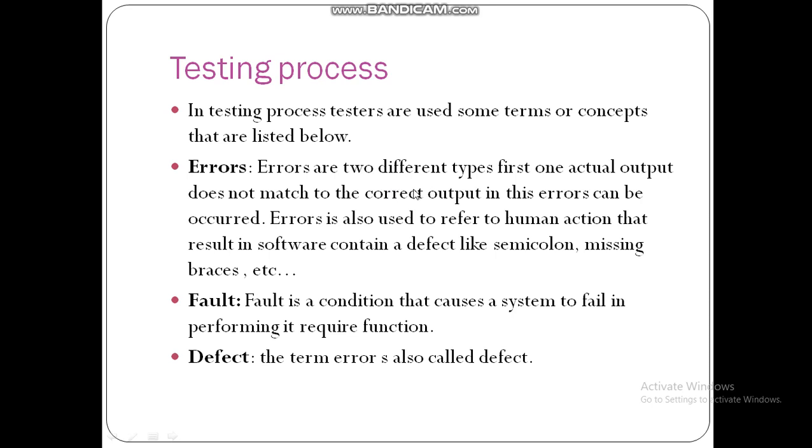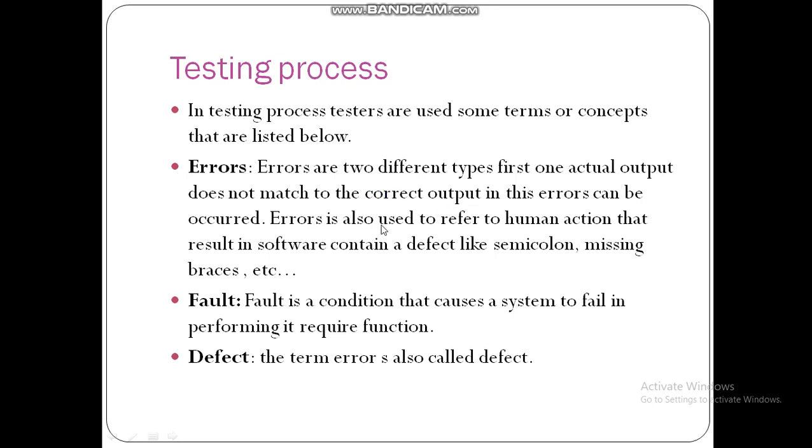When the program is executed, it returns the actual output. If both outputs do not match, then it generates an error. So errors occur when the actual output does not match the correct output.